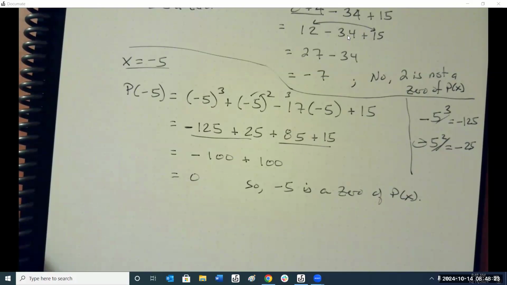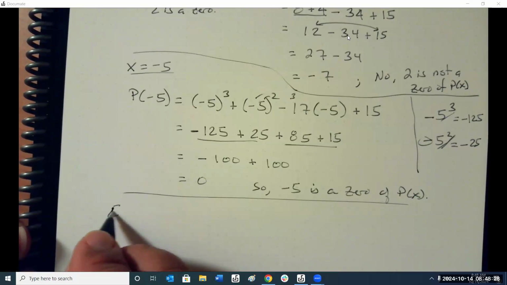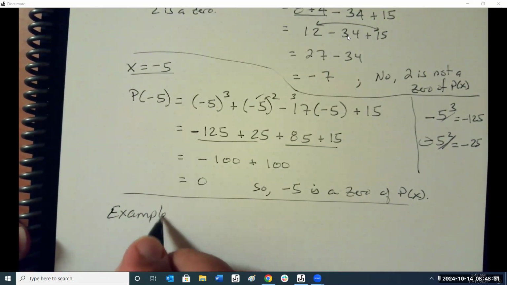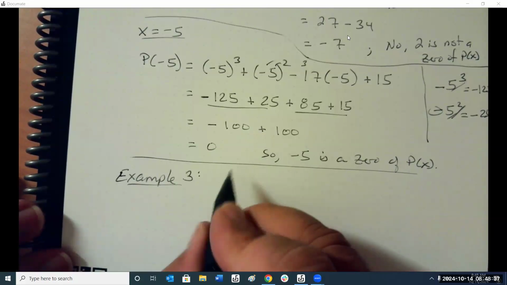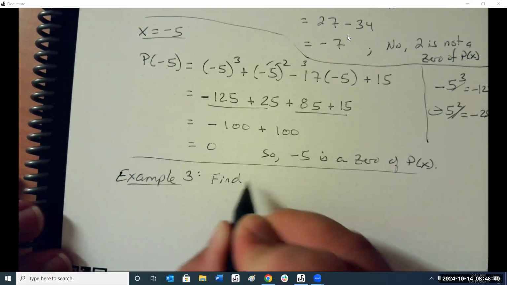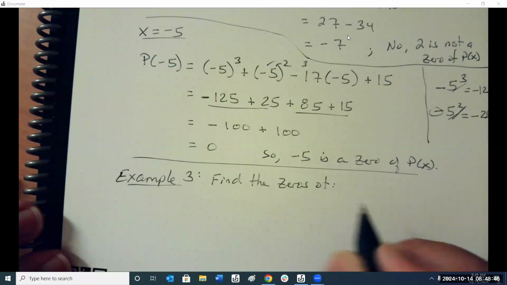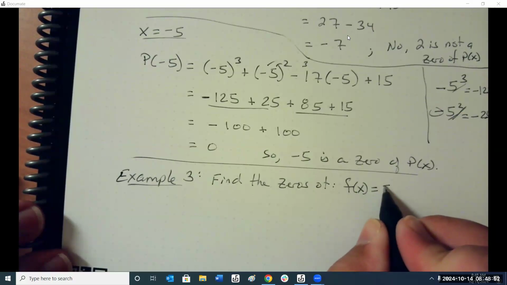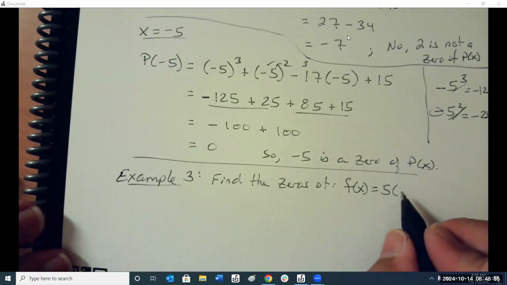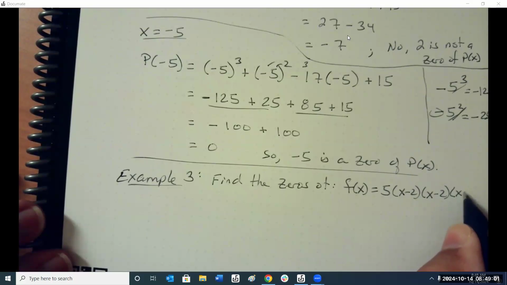Let's look at another example. Example 3. Find the zeros of this polynomial. F of x equals 5 times (x minus 2)(x minus 2)(x plus 1)(x plus 1).